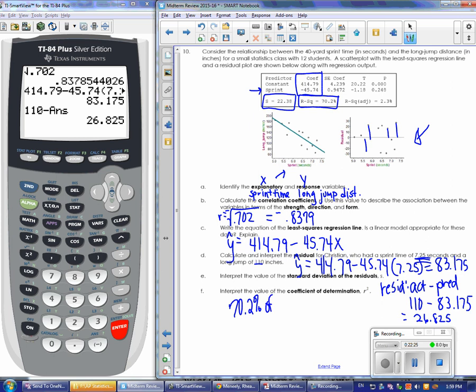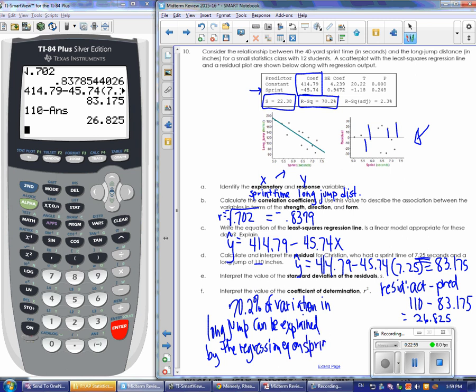We're saying 70.2% of the variation in our y variable, which in this case is our long jump, can be explained by or predicted by the regression equation on our x variable, which is sprint times.